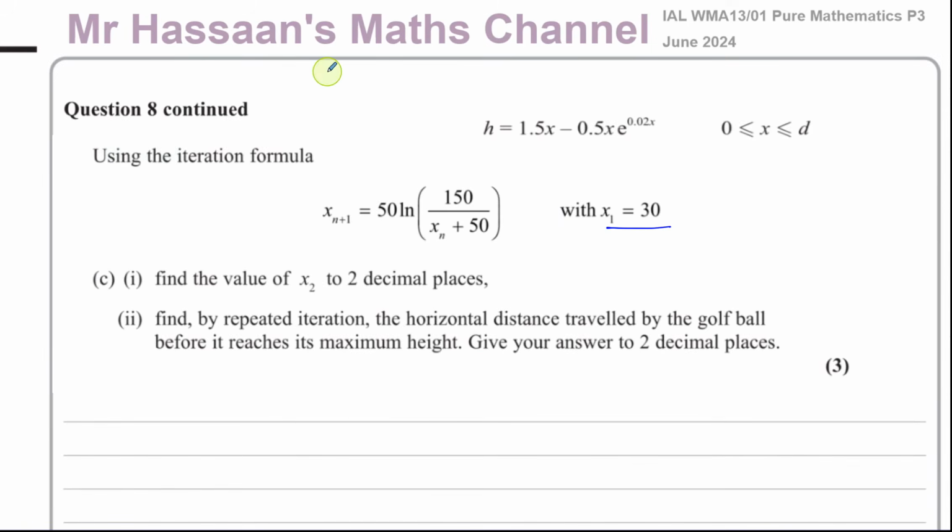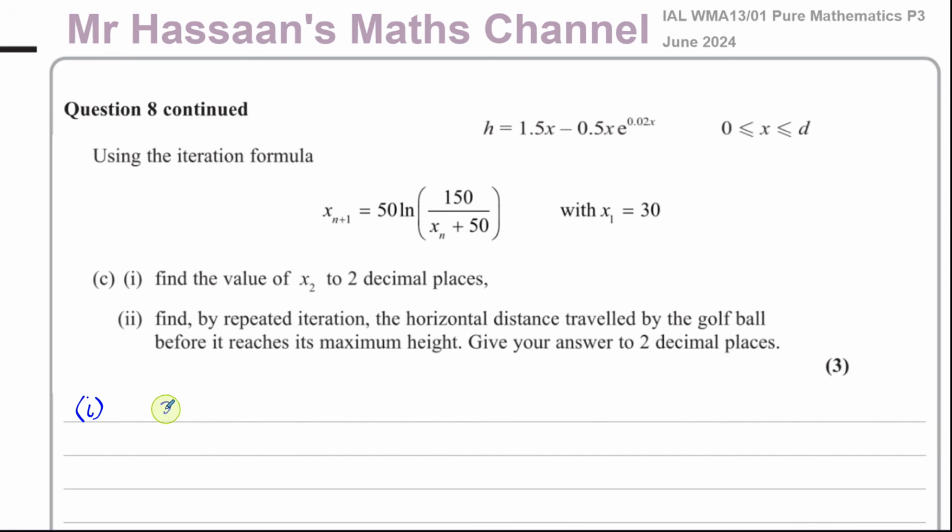Now for part C, as I mentioned, it's to do with iteration. What we just derived there is called the iterative formula: x n plus 1 is equal to 50 times ln of 150 over x n plus 50, with x1 equals 30. So we want to use the iterative formula, first of all, to find the value of x2.